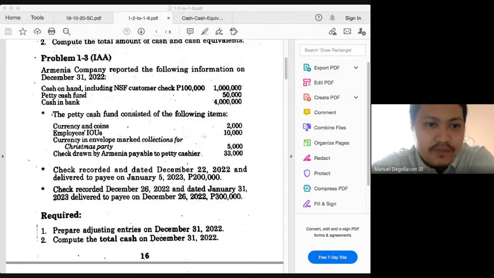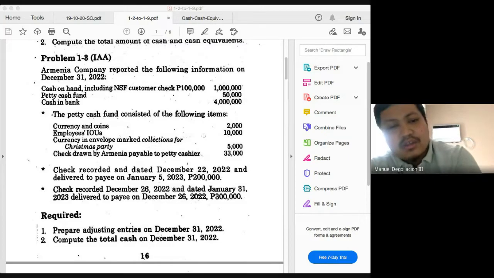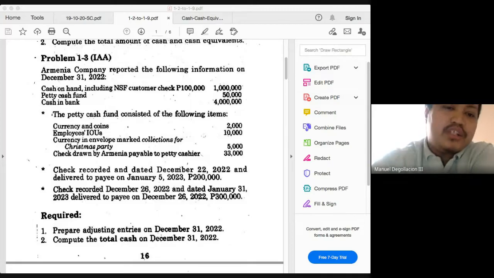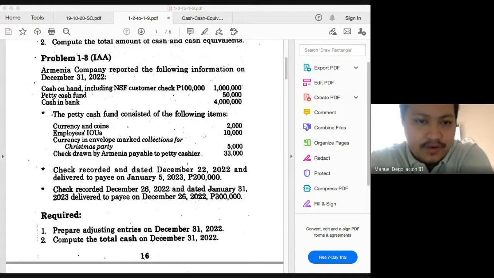We have here cash on hand, 1 million, but the problem states that the 1 million balance includes an NSF customer check amounting to 100,000. An NSF check stands for no sufficient fund, meaning the check is not funded, meaning when the check was presented for payment, it cannot be encashed because the account is not funded.